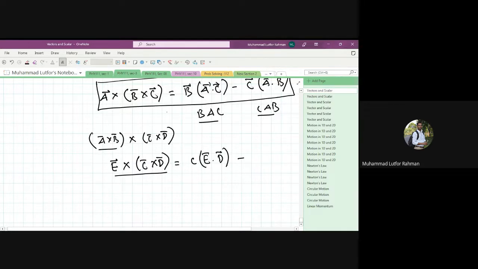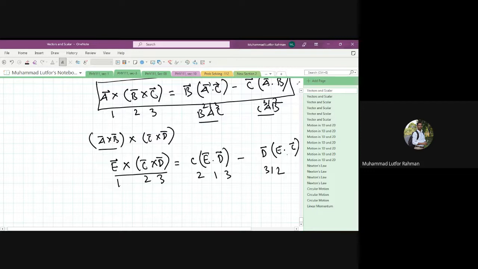If I label it 1, 2, 3, this is 2, 1, 3, and this is 3, 1, 2. Now I replace with the numbers. This is 2, 1, 3. Now I'll write 3, 1, 2. So 3 is D times E cross... E cross C, where 2 is C.